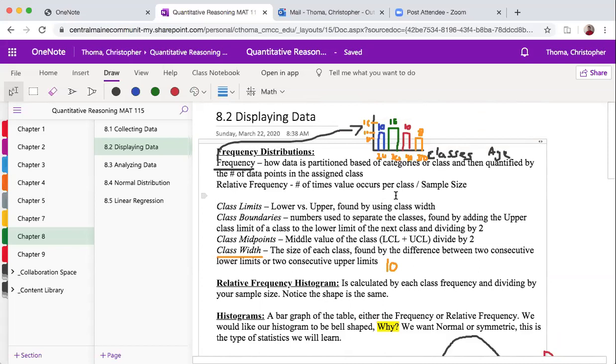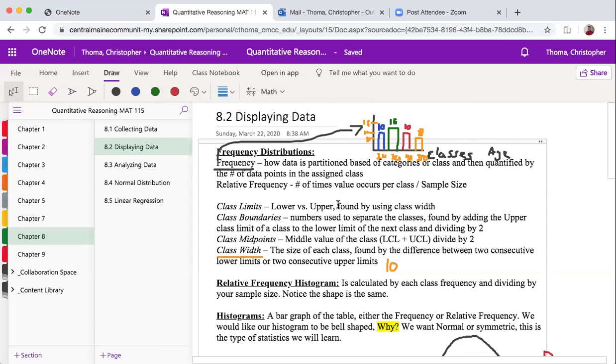So 12 divided by 4 is 3. So each season is 3 months long. So sometimes your class widths are easy to come up with. Other times they're more difficult, right? If I am trying to build a histogram of how many people have coronavirus, now I have to come up with this class width that actually represents things really well. And that can be a little more challenging, and that's when you can easily skew your data.